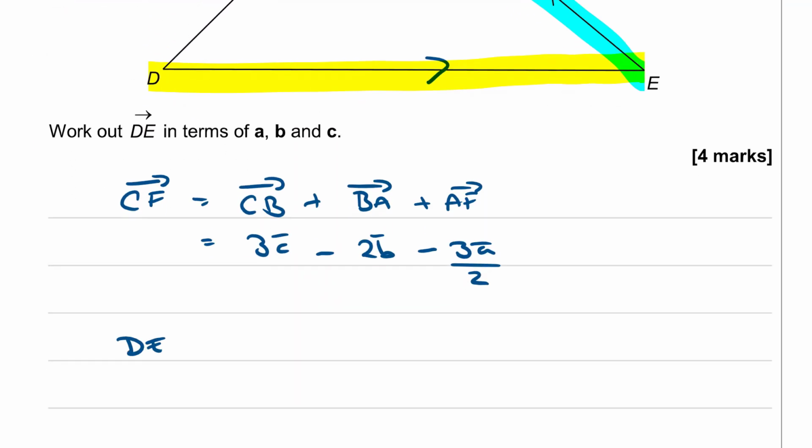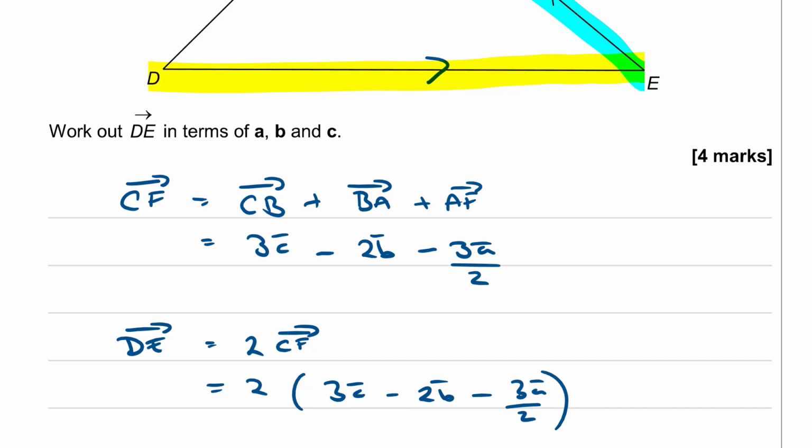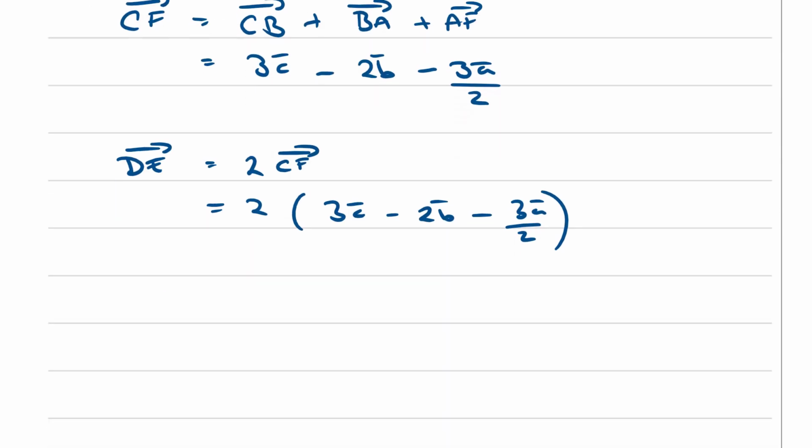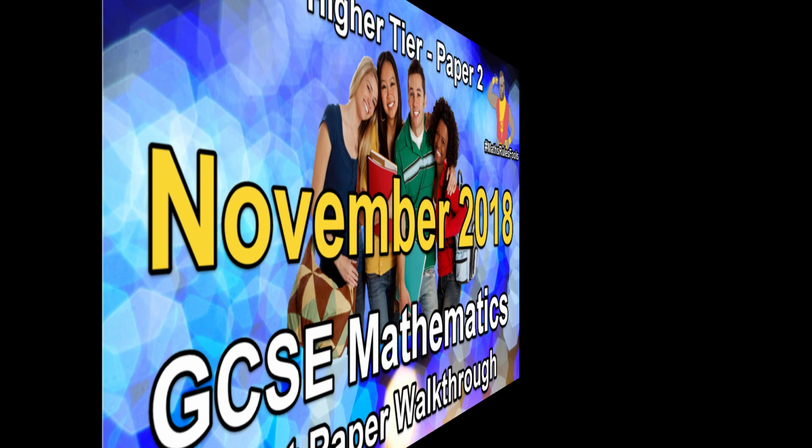So DE is 2 lots of C to F, which is 2 lots of that expression I just found. So multiplying everything by 2, I'm going to get 6C minus 4B minus 3A. That's my vector D to E.